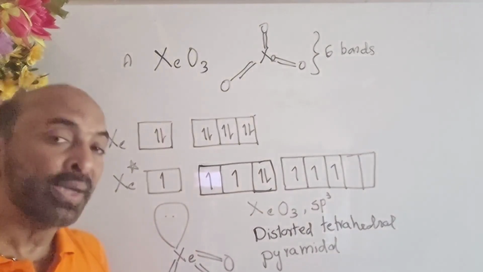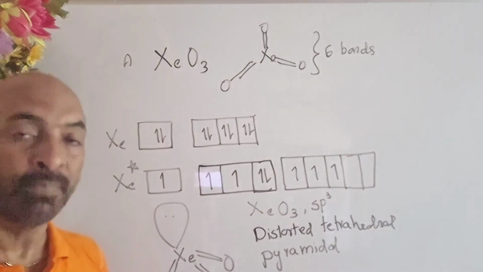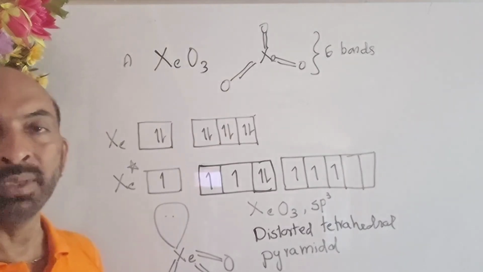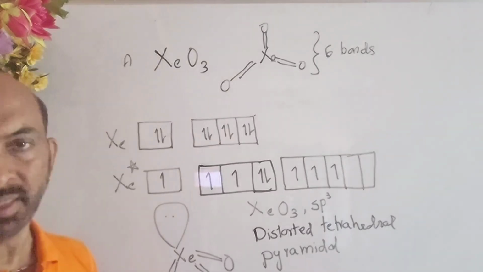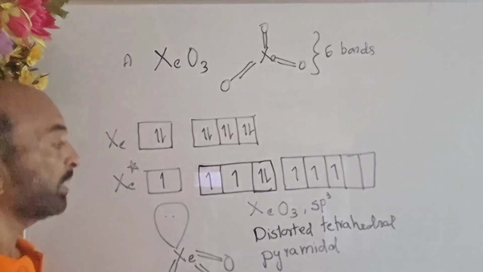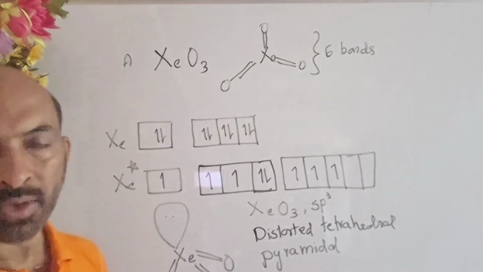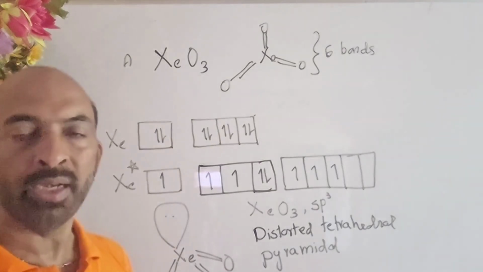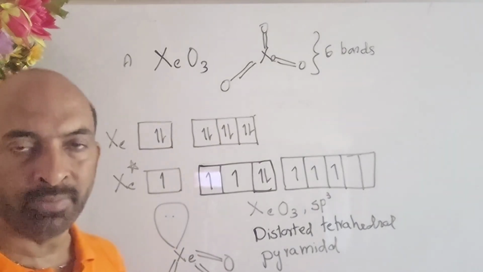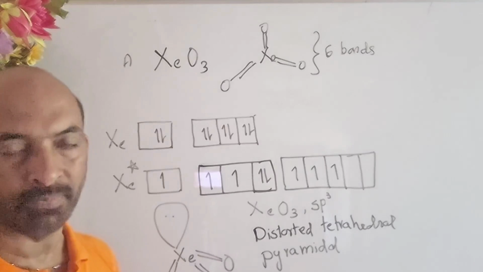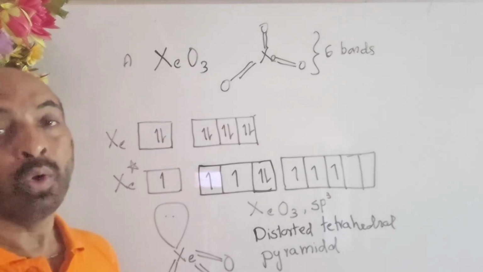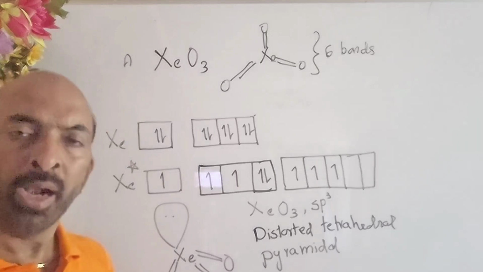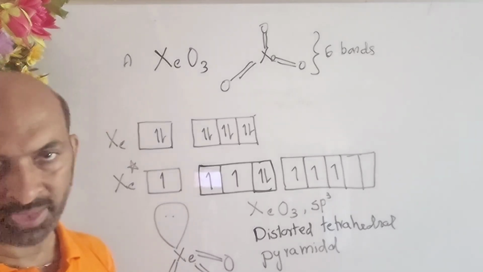Now it must undergo suitable hybridization so that the resulting molecule has minimum repulsion, maximum stability, etc. Here we have to remember one more thing. All the sigma bonding electron containing orbitals must be involved in the hybridization. All the lone pairs of electrons in the valence shell also must be involved in hybridization.